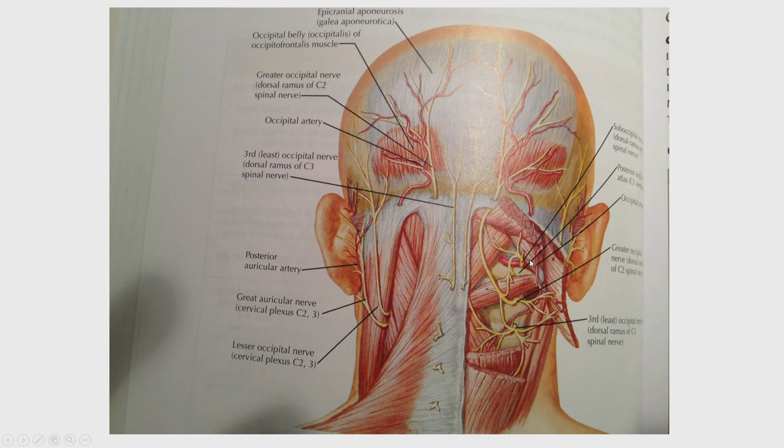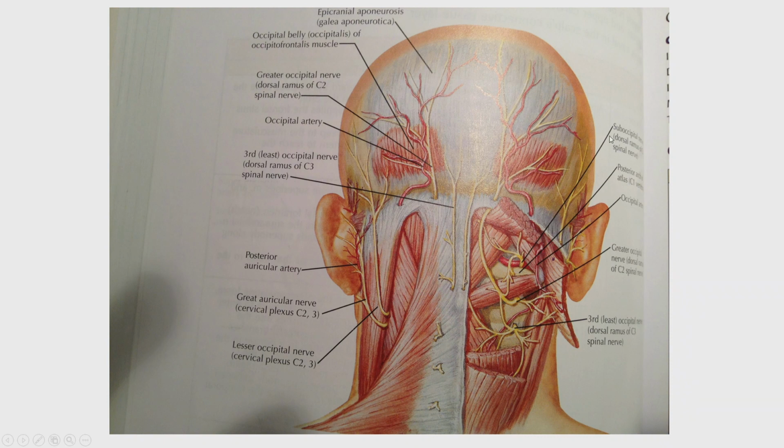And one nerve, which is called the suboccipital nerve, is the dorsal branch of spinal nerve C1. It has a motoric function and innervates those muscles that I mentioned previously: obliquus capitis superior, obliquus capitis inferior, and rectus capitis posterior minor and major.